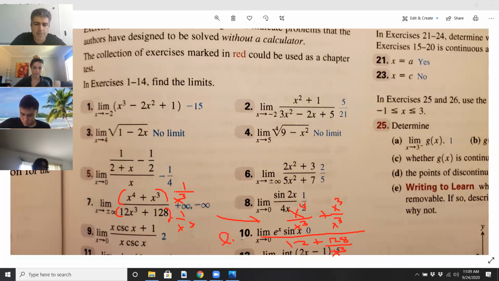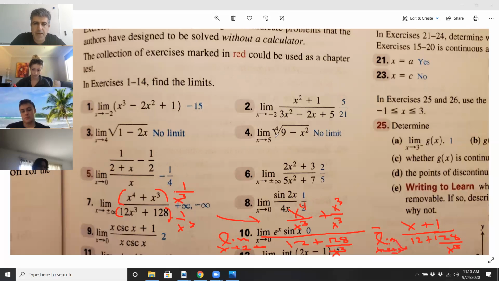And again, this is the limit as x approaches positive or negative infinity. Clean it up. You have x plus 1 over 12 plus all this junk here. Now, again, the limit as x approaches positive or negative infinity.